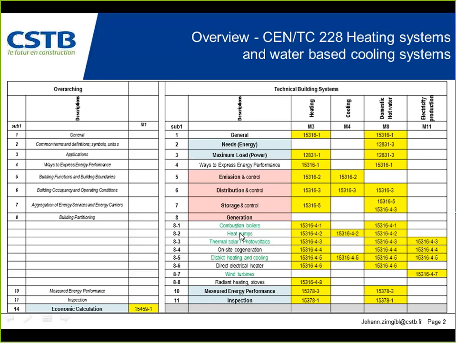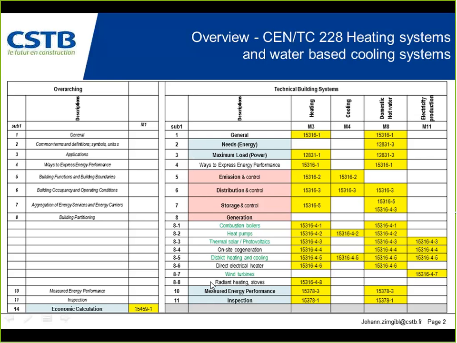The green ones are those related to renewable energies also. For example, for combustion boilers, we also have biomass boilers, and we have heat pumps, thermal solar, also photovoltaics. And we have also district heating and cooling, of course, where you can have a renewable part. And the others you can see also on the slide.